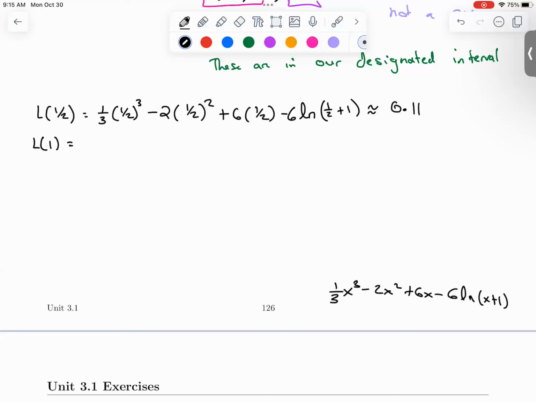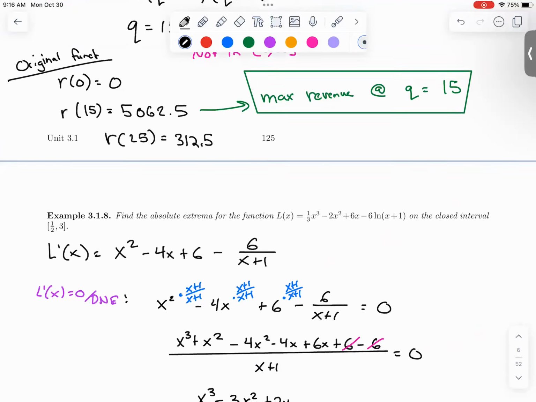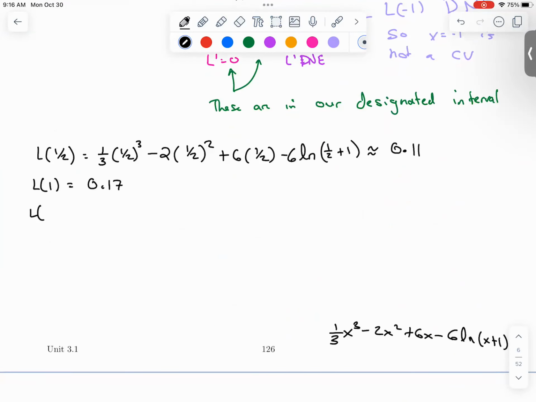Plug in 1. And we get natural log of 2 on the end there. And so with ln of 2, we get roughly 0.17. L of 2 is also in our interval.